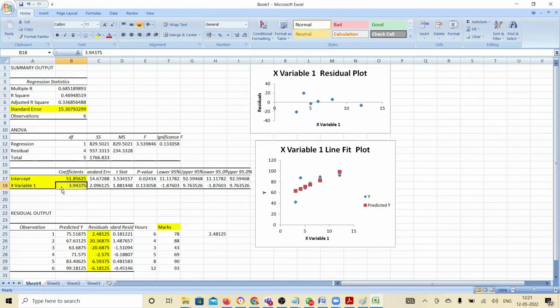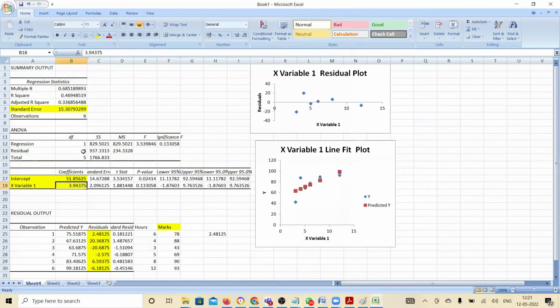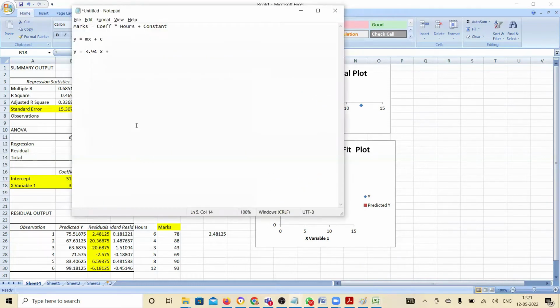So coefficient of this is 3.94. So in our case, y will be 3.94 x plus, what is the intercept value? 51.8. It is 51.8. Now, based on this, you can predict any marks.